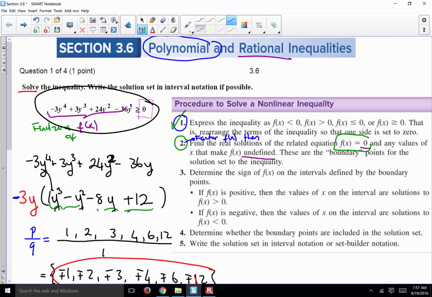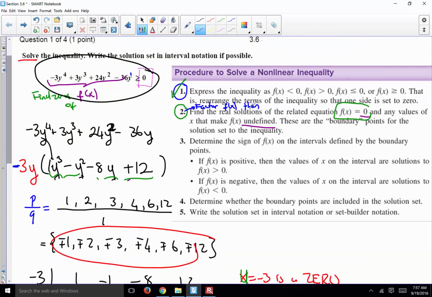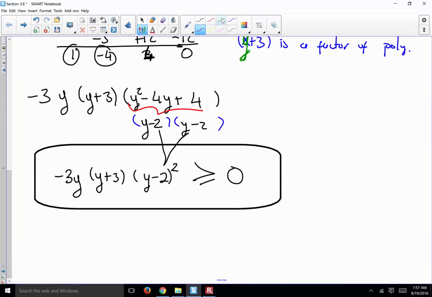Now what are we going to do with this? I factored it. Now I'm going to find out what x values, or in other words y values, make it 0. Besides, I need to find any values that can make this thing undefined. So you need to name zeros, and you also need to name the values that make this function undefined.